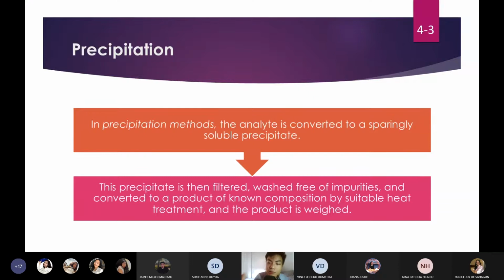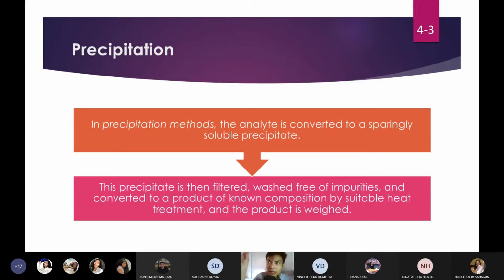When you say sparingly soluble, that means mababa yung solubility niya. It also suggests na hindi siya hahalo sa water, sa liquid. Kapag naging precipitate yan, it will settle sa bottom ng container kasi hindi na siya ions eh. Siya ay solid na. Kaya sparingly soluble na siya.